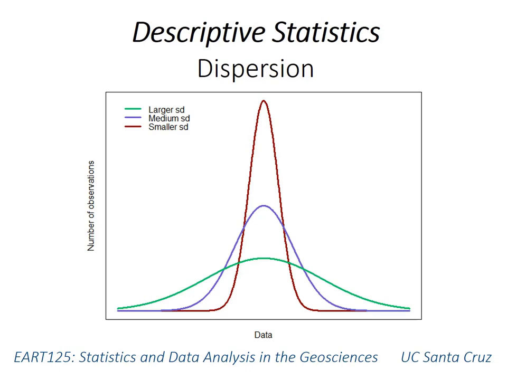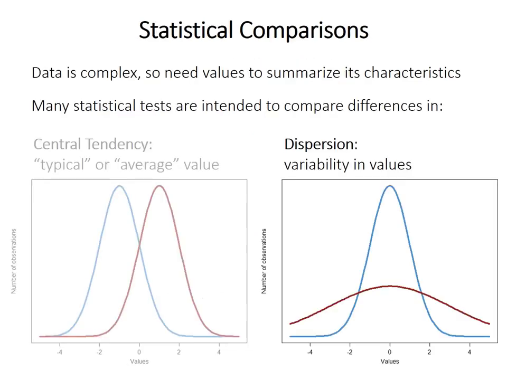This video builds upon our previous discussion of central tendency, mean, and median to introduce the descriptive ways that you can use to summarize numeric data, especially those that discuss the dispersion or the variability of values in that data set. So, as we saw before, statistical samples contain many individual observations or values, and it's important, therefore, to have some kind of way to summarize the characteristics of that data set.